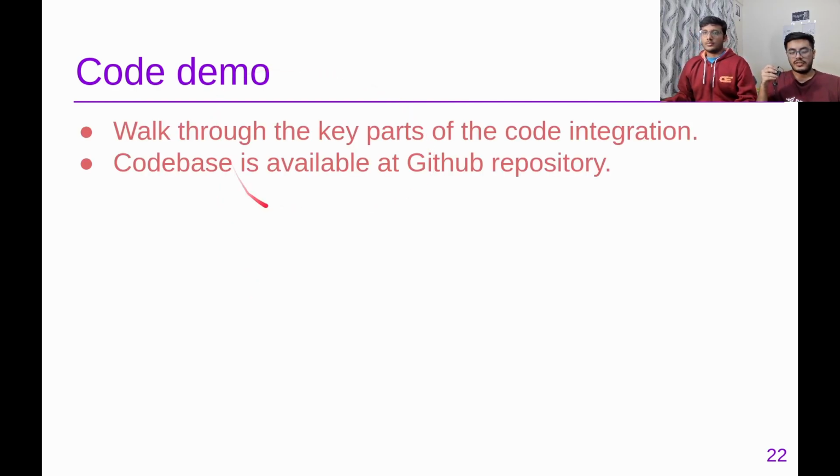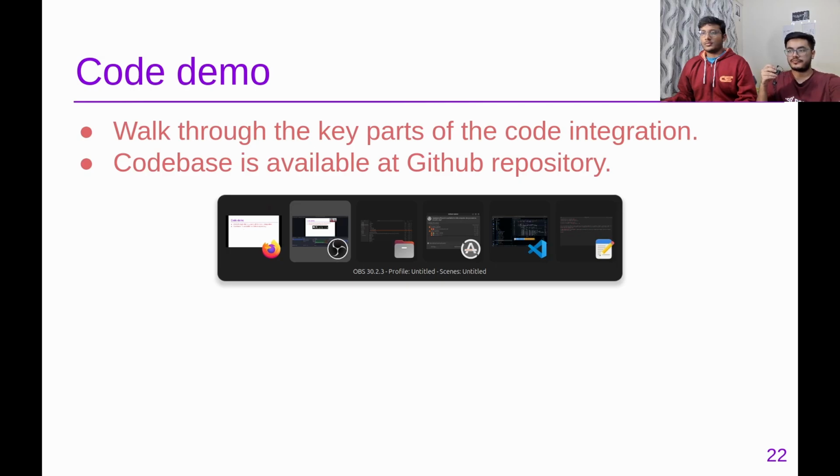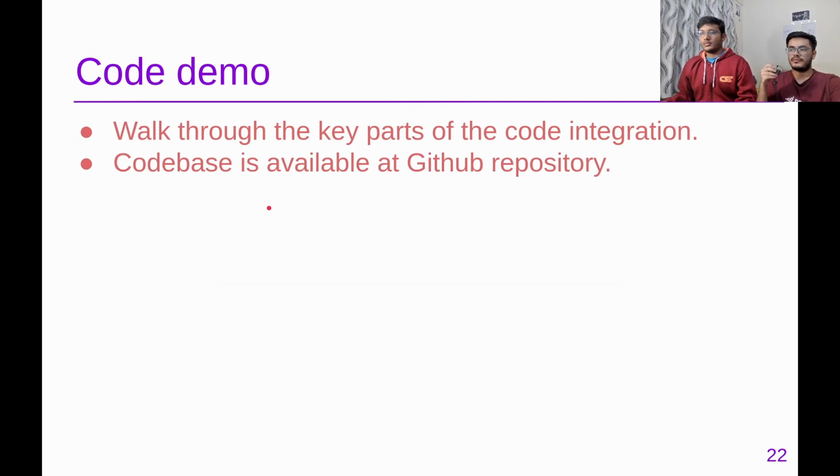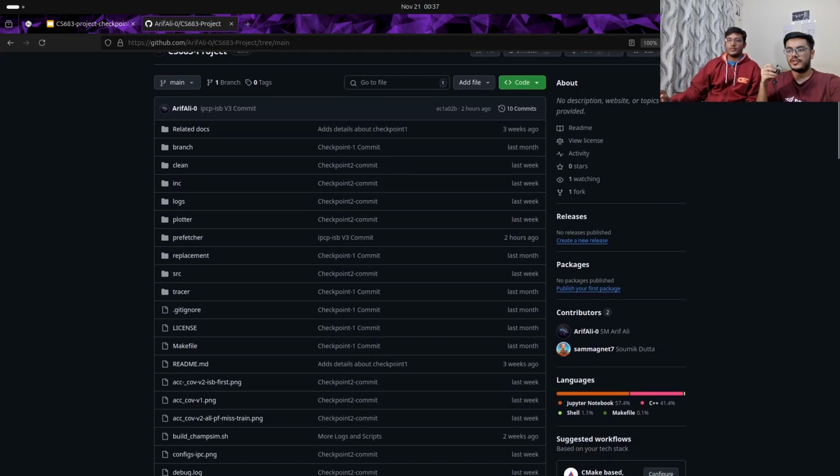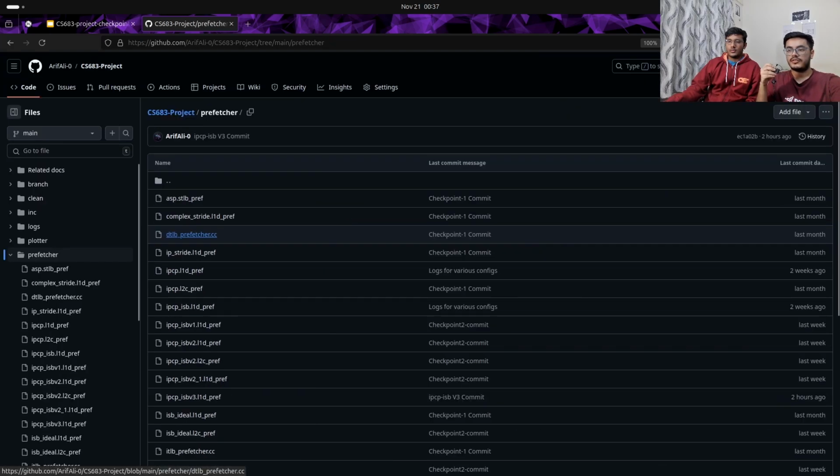So this is the walkthrough of the code. This is our code repository on GitHub. This is the default ChampSim directory structure. Inside prefetcher there are our different versions, like the IPCP L1D prefetch.